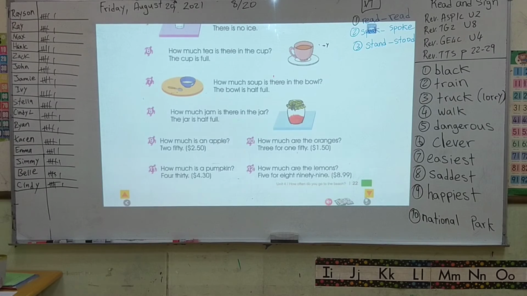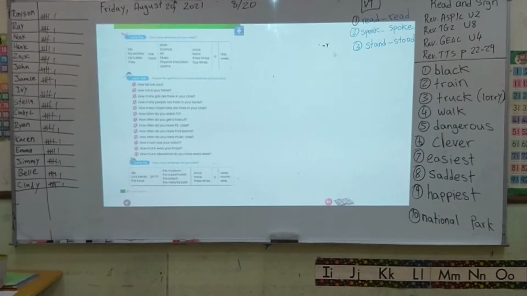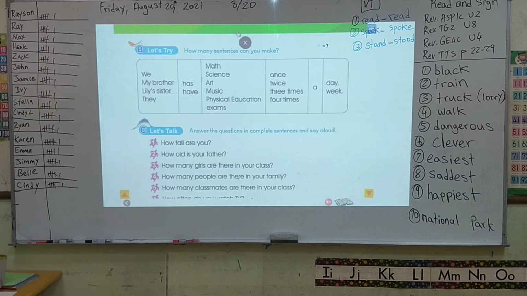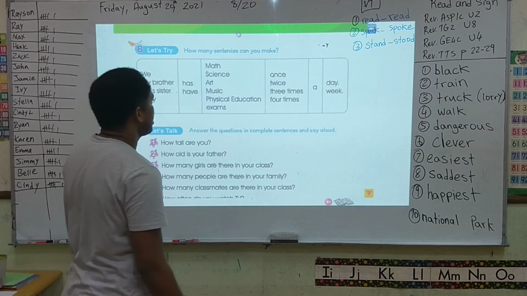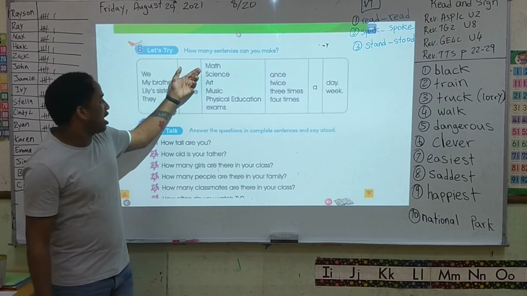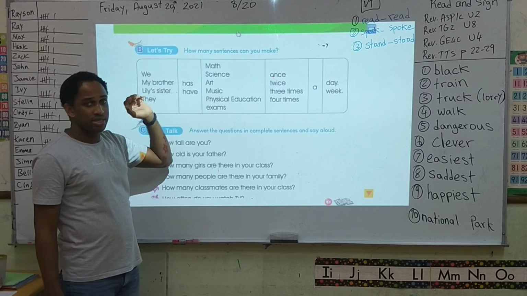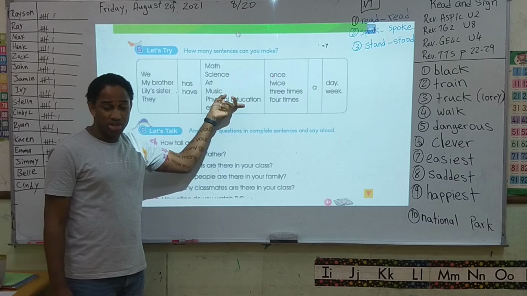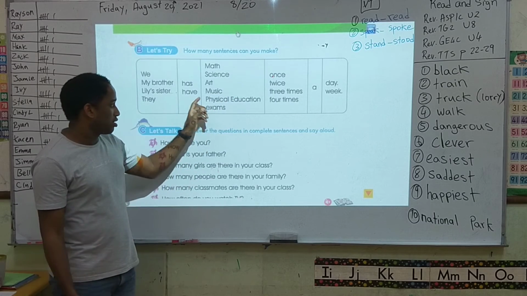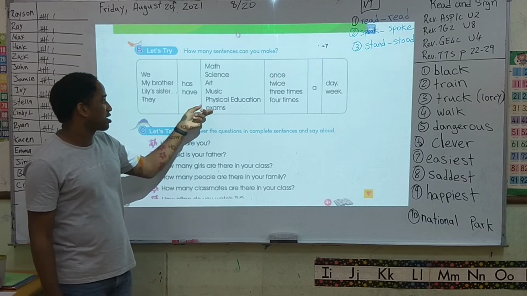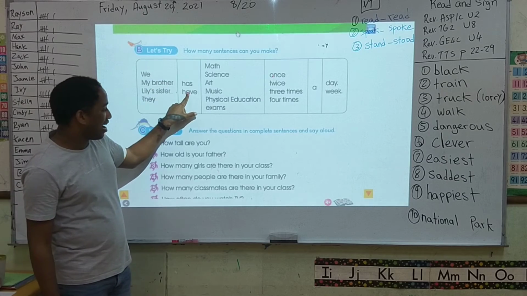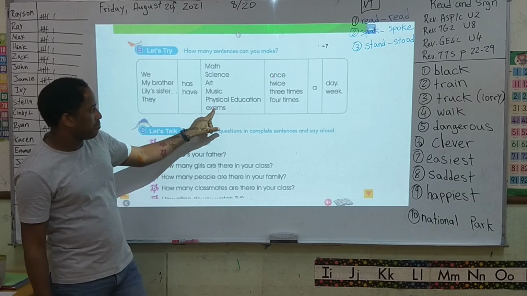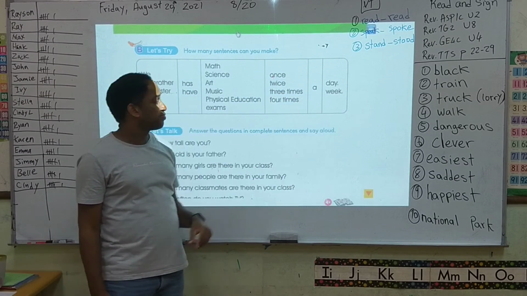Page 23. Good. So page 23, we go to how many sentences can you make? So we have math class, science class, art class, music class, PE or physical education. Remember, PE is physical education, and we have exam. We have exam once a week.